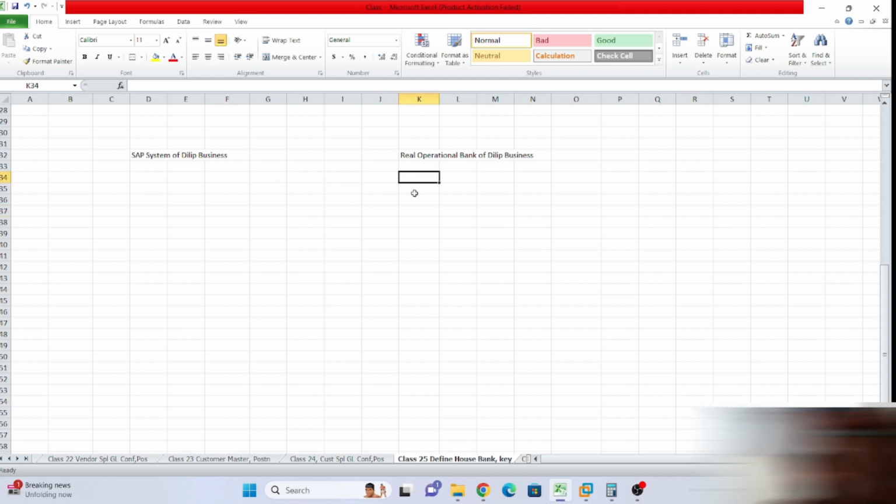Suppose Daily Business has accounts in two banks, SDFC and IDBI. These two banks Dilip business has opened. For business, generally people will open a current account, and maybe an overdraft account.